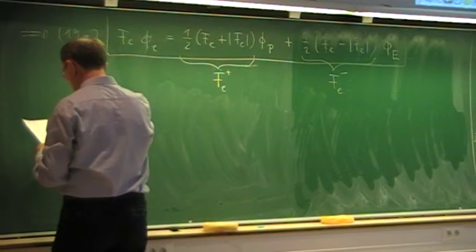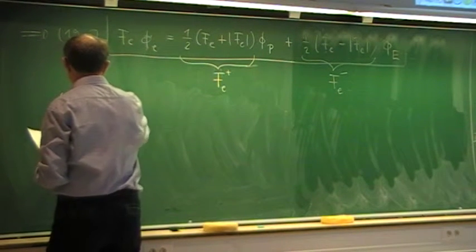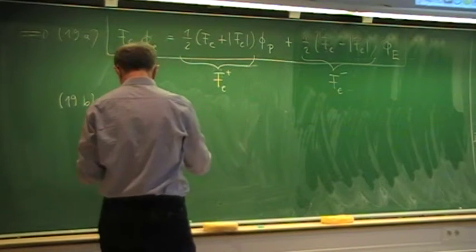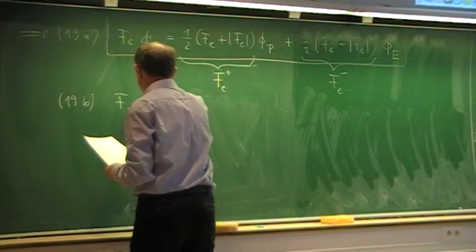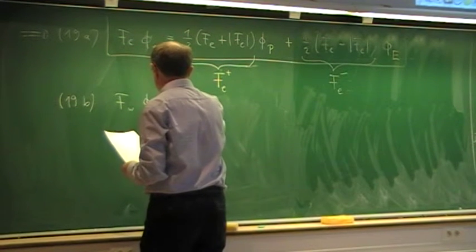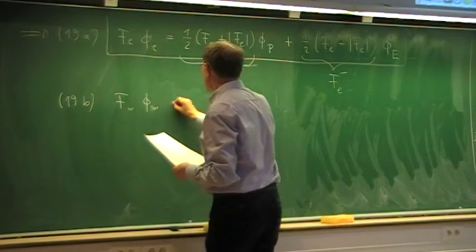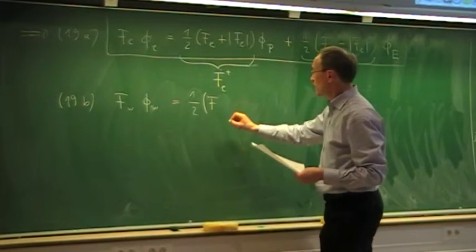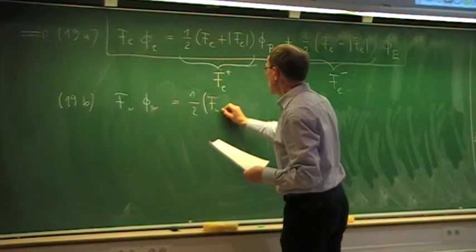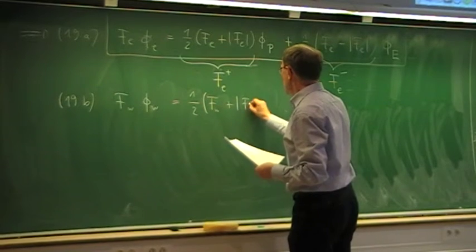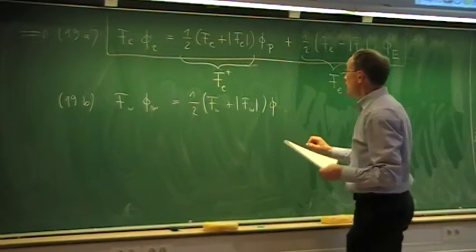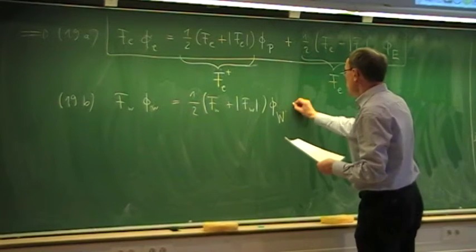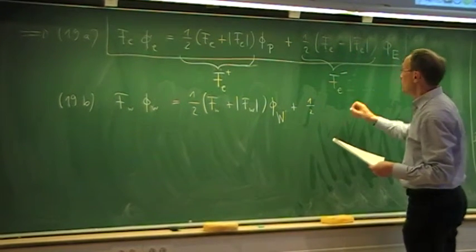Before discussing these, let me just write down the situation for the western flux, convective flux. It is just similar, and what we get out of that will be the F western phi western. They are lowercase letters. That is then 1/2, and here we will then have the upwind is again, that is now we are at west, and we have here the modulus of Fw, and that would then be the phi W. And then we have a contribution that will be active if flow is coming from the right.